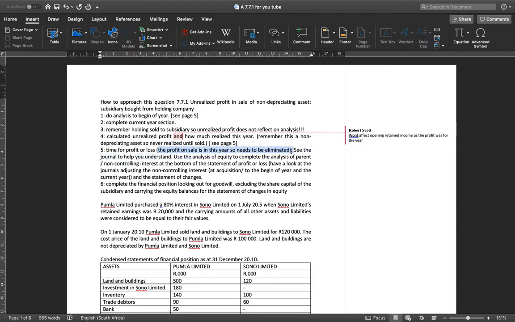In this case, there won't be any effect on opening retained earnings because the profit was made in the current year. But when you're doing 7.7.2, you'll see that you've actually got to work out the unrealized profit in opening retained earnings.